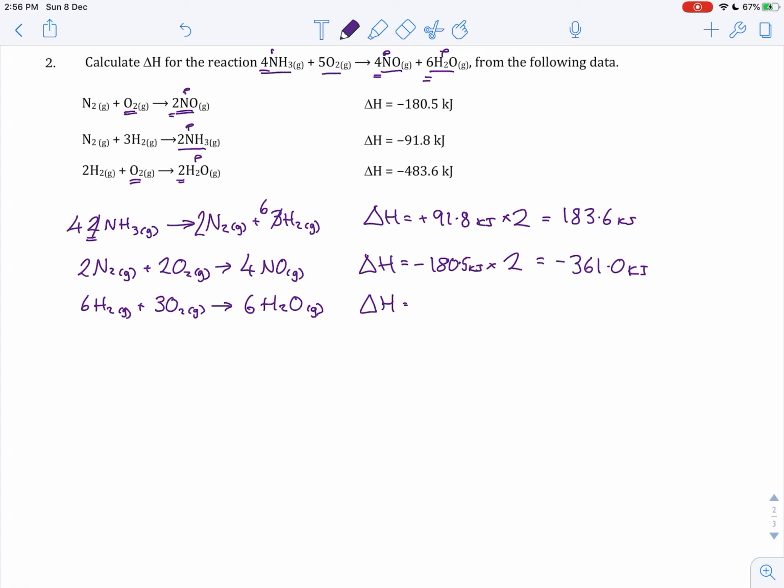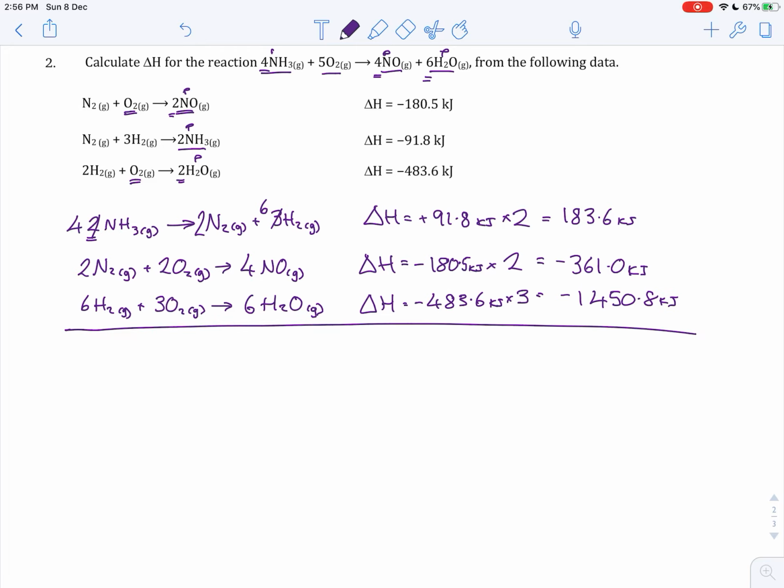Delta H is minus 483.6 kilojoules times 3, minus 1,450.8 kilojoules. Now add it up.